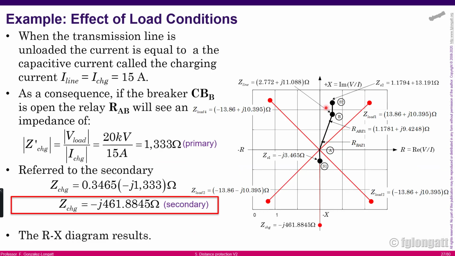Well, coming back here to my explanation of this graph, the dot over here means the settings of the relay AB in zone 1, and that is located at 80% of this transmission line.